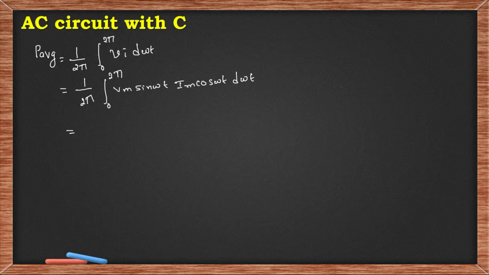Here Vm Im is constant, so take it outside. Then it is Vm Im divided by 2 pi, integration from 0 to 2 pi of sine omega t into cos omega t d omega t.